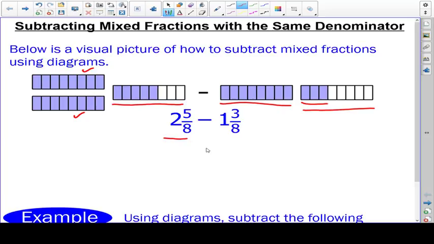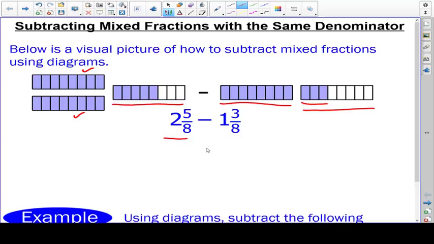When we added, I said we should start by adding the whole numbers. Now, here, we're going to start with the partials. We're going to start with taking the 5/8, subtract the 3/8.